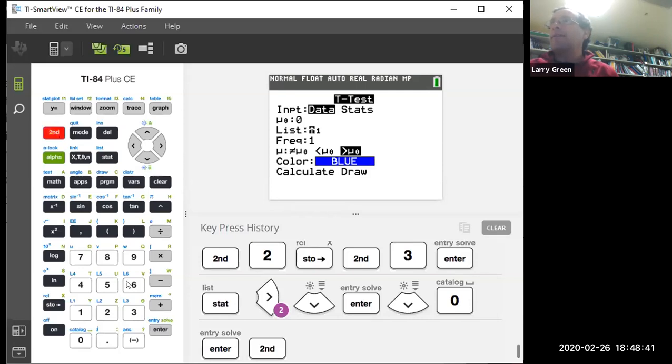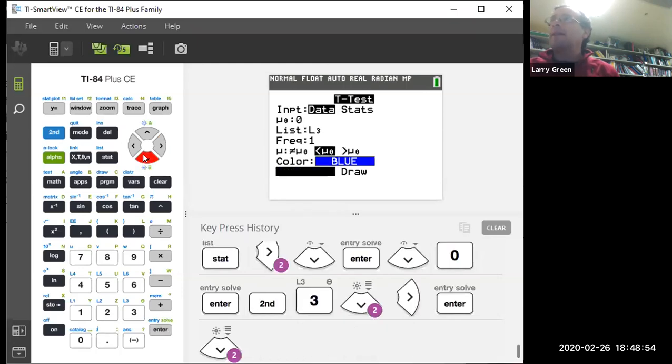So 2nd 3. Freq is 1. And we want it to be less than. And then calculate. Any questions before I hit calculate? Okay, let's hit calculate.